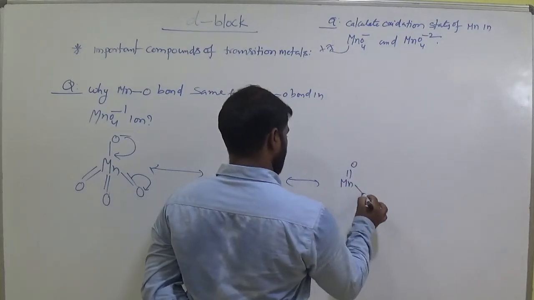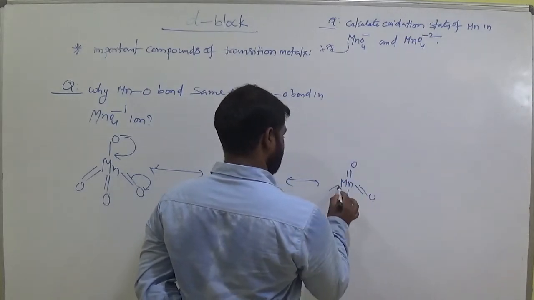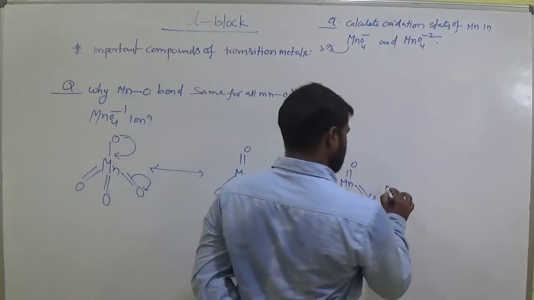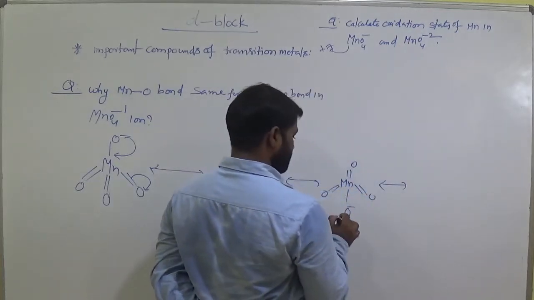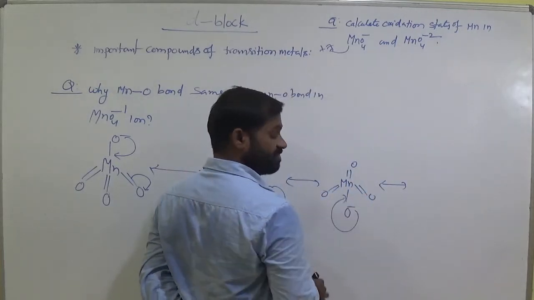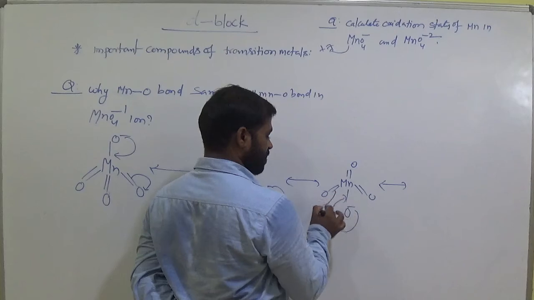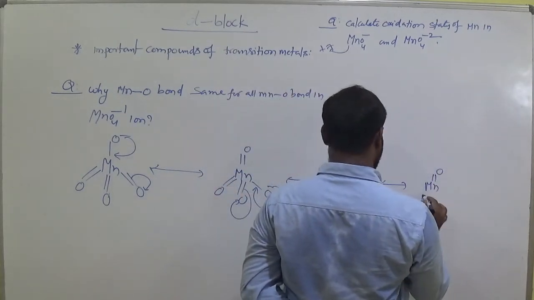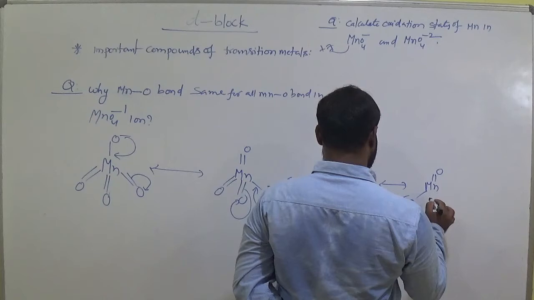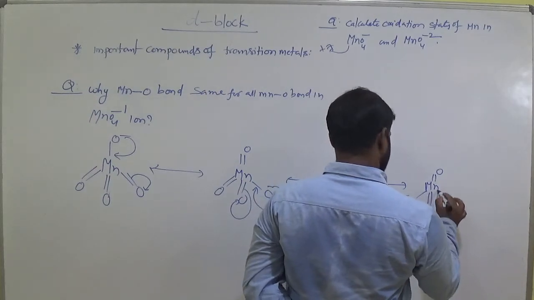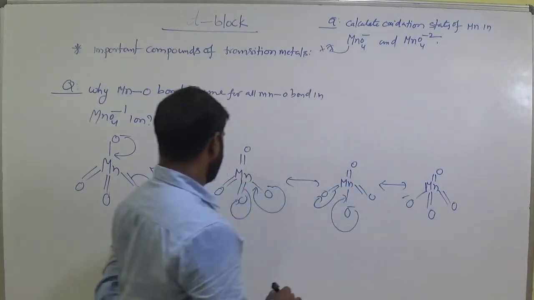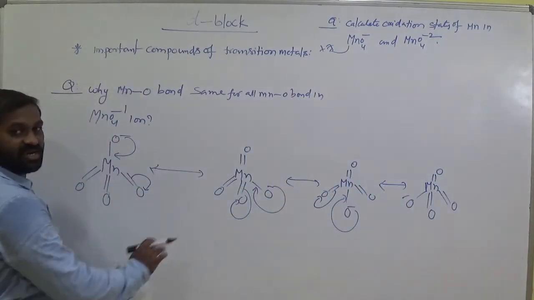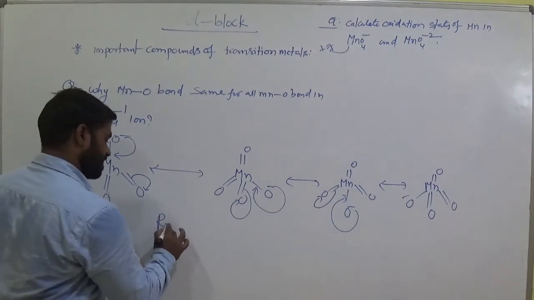Mn double bond O and O minus double bond O. So again the minus is between manganese and oxygen, and this bond is again an oxygen double bond. So totally these structures are called resonance structures.